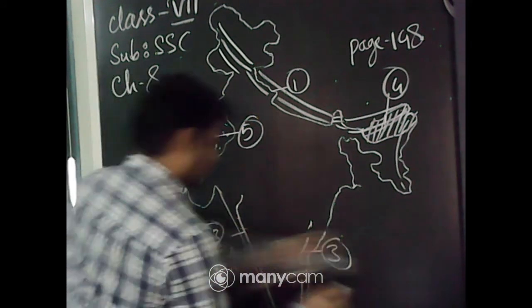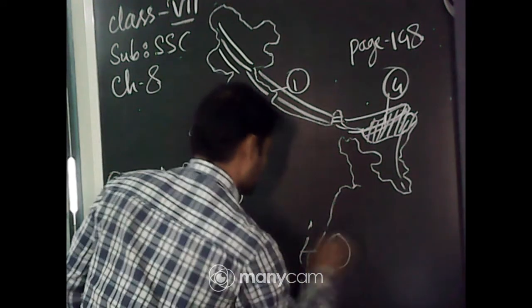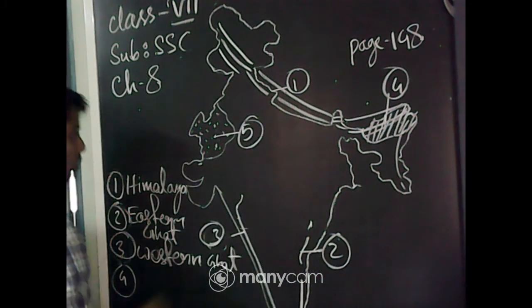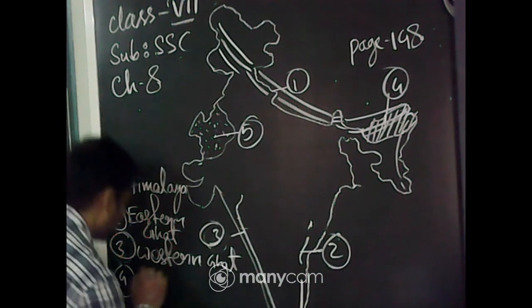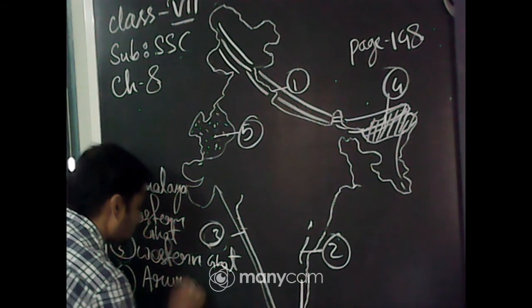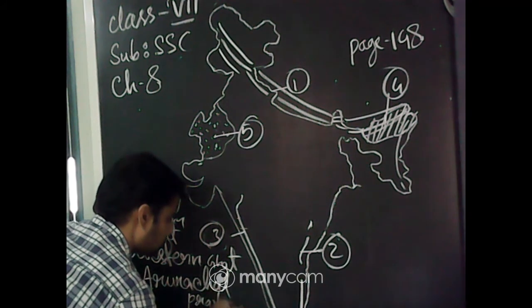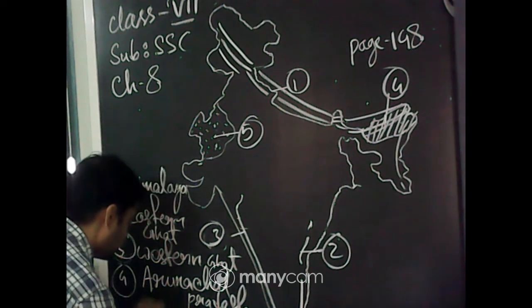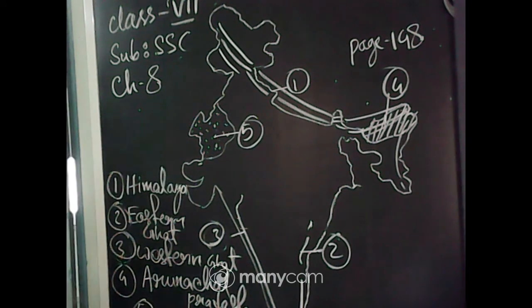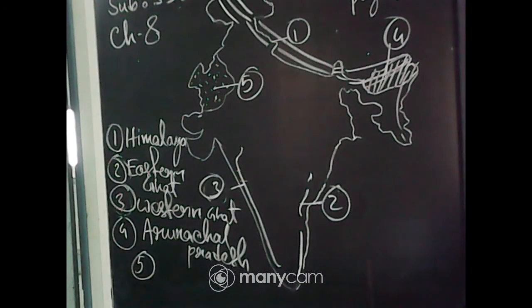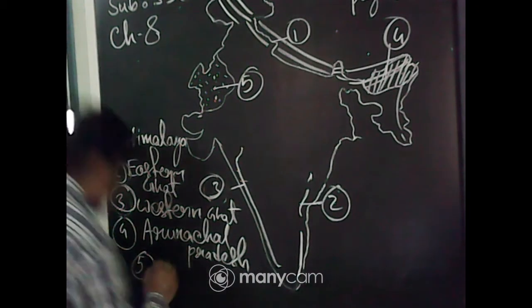It is number 3 and it is number 2, no problem. Next one is Arunachal Pradesh, number 4. And number 5, now you can see the board, number 5 is the Thar desert.